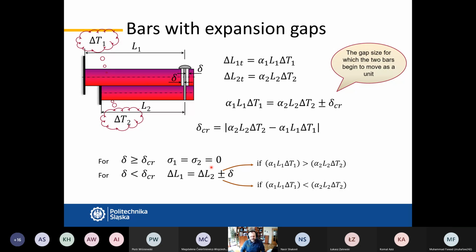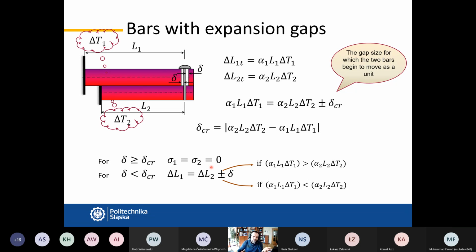And stress will be 0. The objects will only deform, but independently, so they will not come in contact and they will not exert action on each other. So there will be no interaction between these two members.